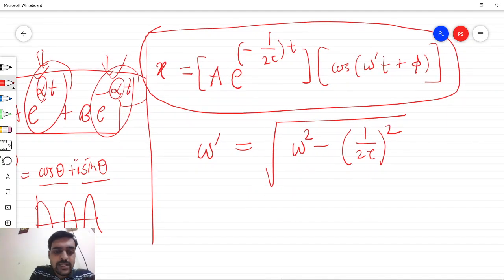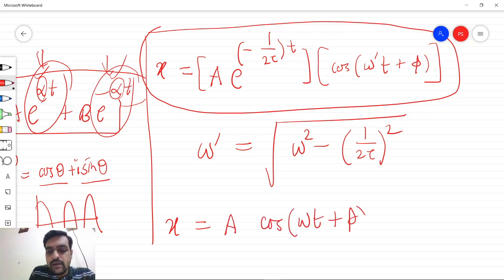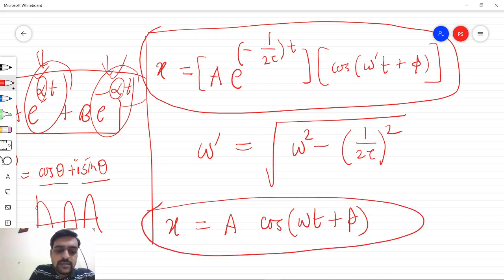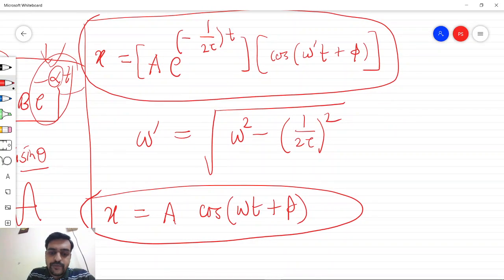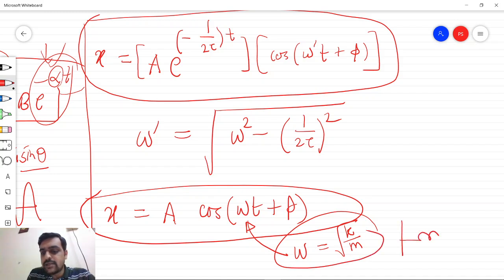Now if we compare this with the earlier equation of simple harmonic motion, we can see the differences directly. In that case, the particle was oscillating with the natural frequency of the spring mass system, omega, characterized by k and m.